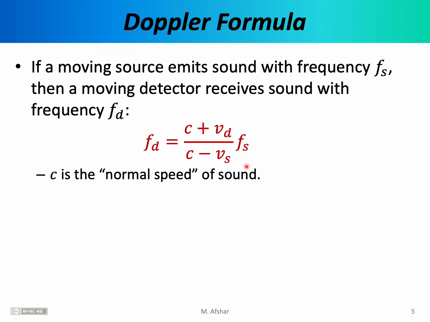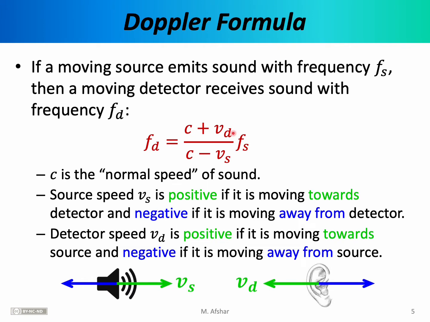To use this formula correctly, you need to understand some conventions regarding the signs of V sub d and V sub s. Normally, when we talk about speed, we have the magnitude of the velocity vector in mind, so we think of speed as a positive quantity. In this particular equation, either one of these v's could be positive or negative.